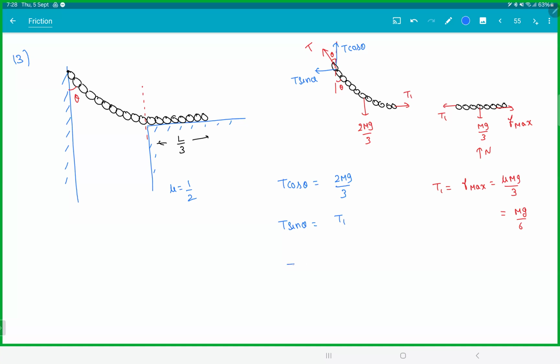Divide them, then I'll get tan theta is T1 by 2 mg by 3. But T1 is nothing but mg by 6. This is 2 mg by 3. mg goes away, giving 1 by 4. Yep. Please check. I think you did everything right. Maybe by division you messed up. There, you got it. Process is right. Check it out, everyone.